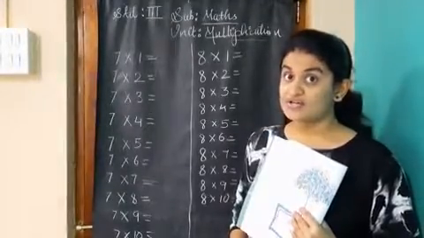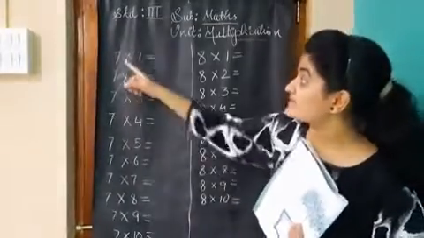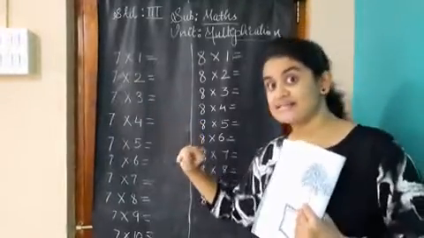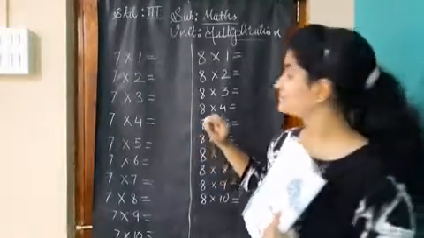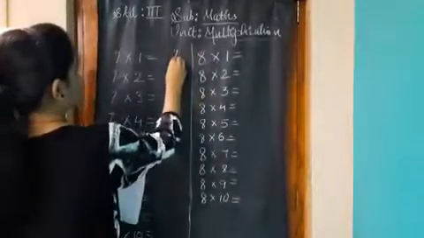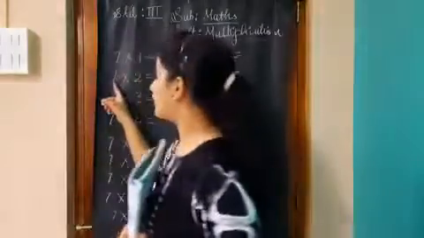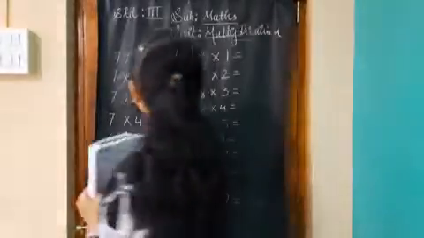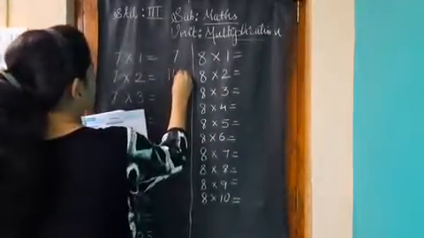So now tell me what is 7 ones are? 7 ones is 7. Right? Now who will tell me what is 7 twos are? Very good. 7 twos is 14.